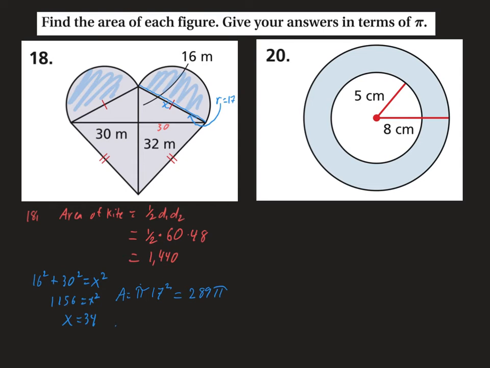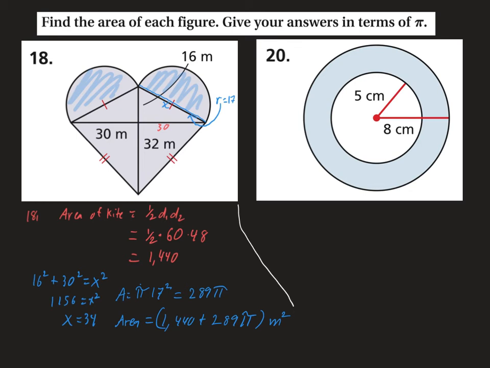So then the area will equal 1,440 plus 289 pi, and then the units is square meters.